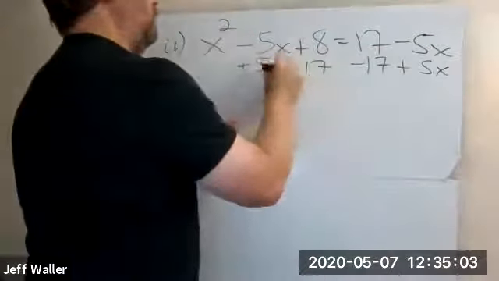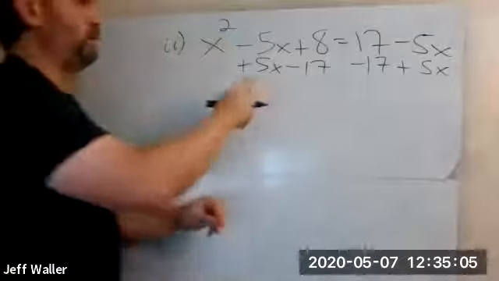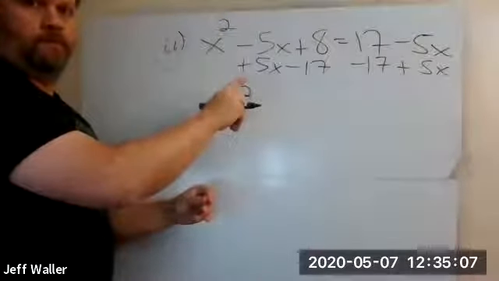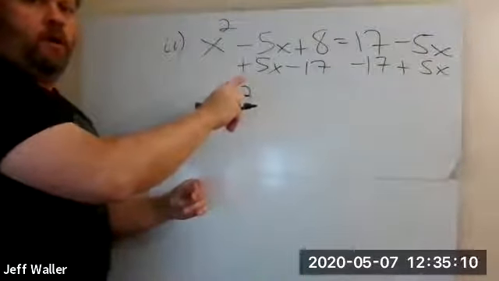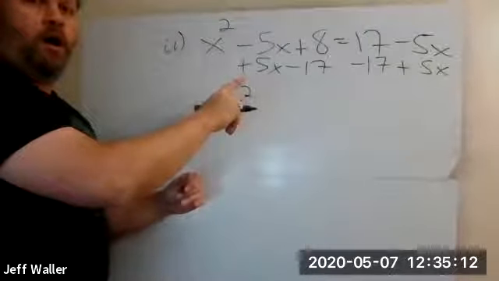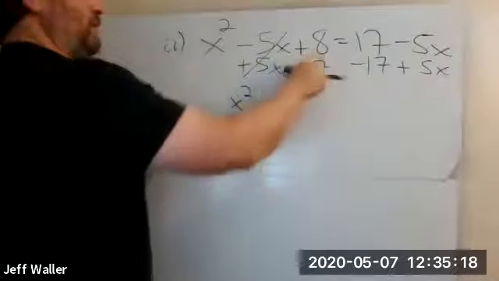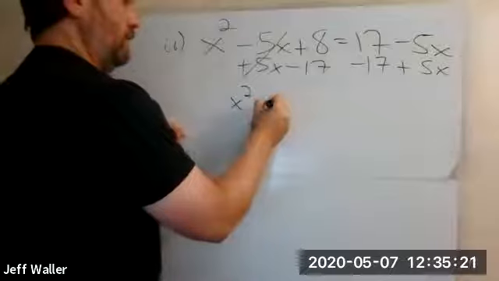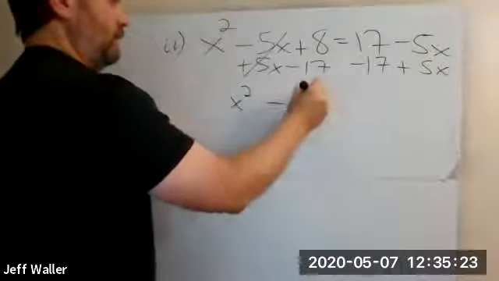So what happens? Like an x squared, 0. Yes. Those cancel. 8 minus 17. Negative 9.